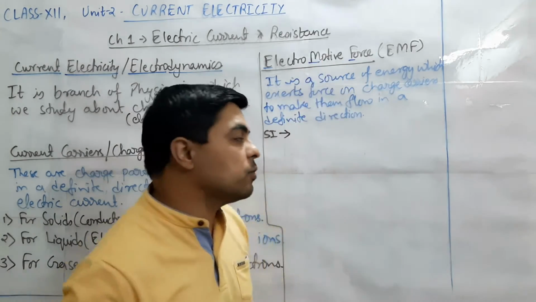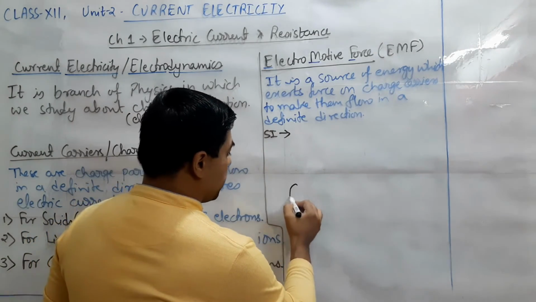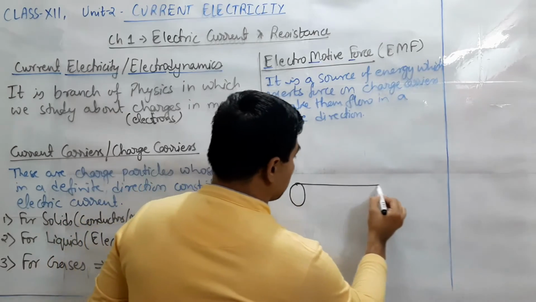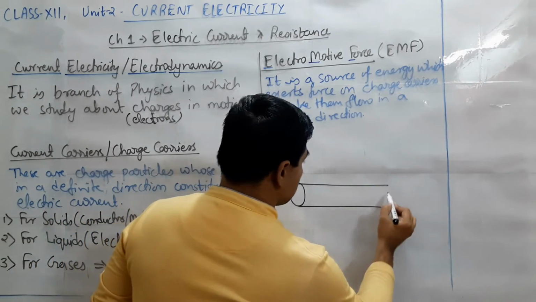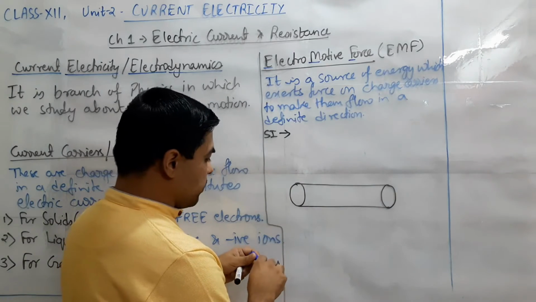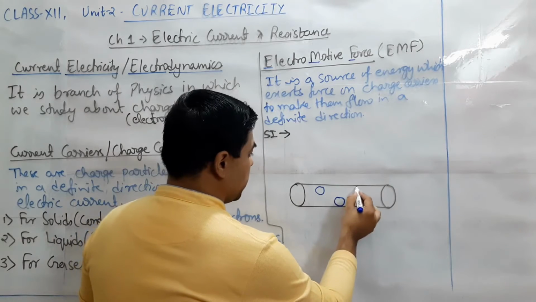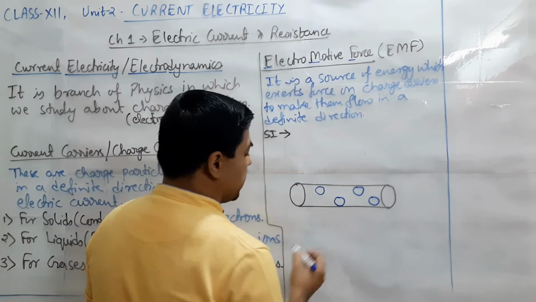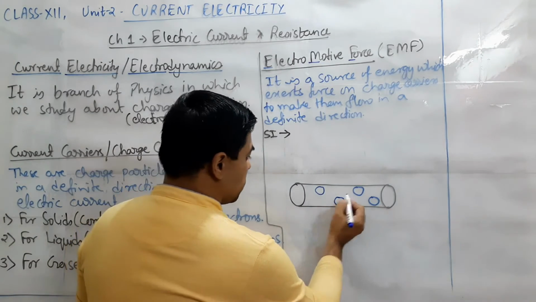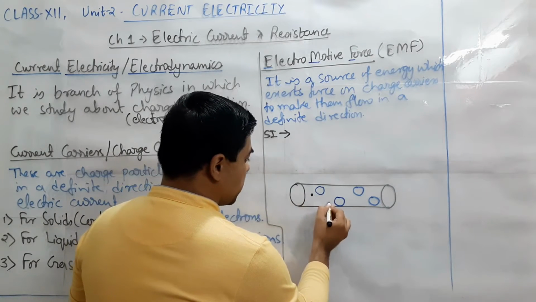Here in the case of electricity, suppose we have a wire, and it consists of a number of atoms, and due to the excessive energy, the electrons from these atoms came out, and they are moving here and there randomly because they cancel each other's effect.